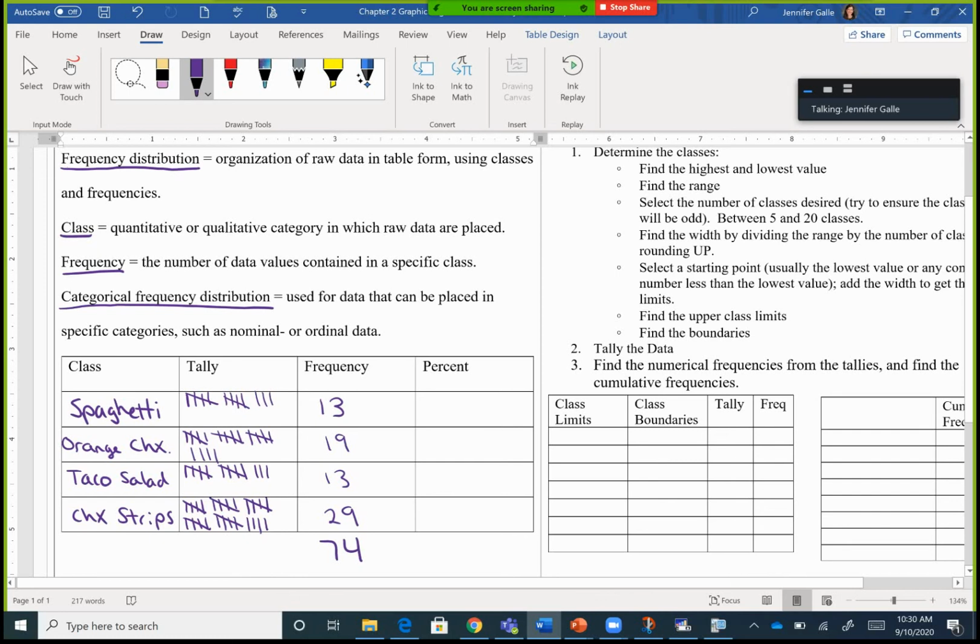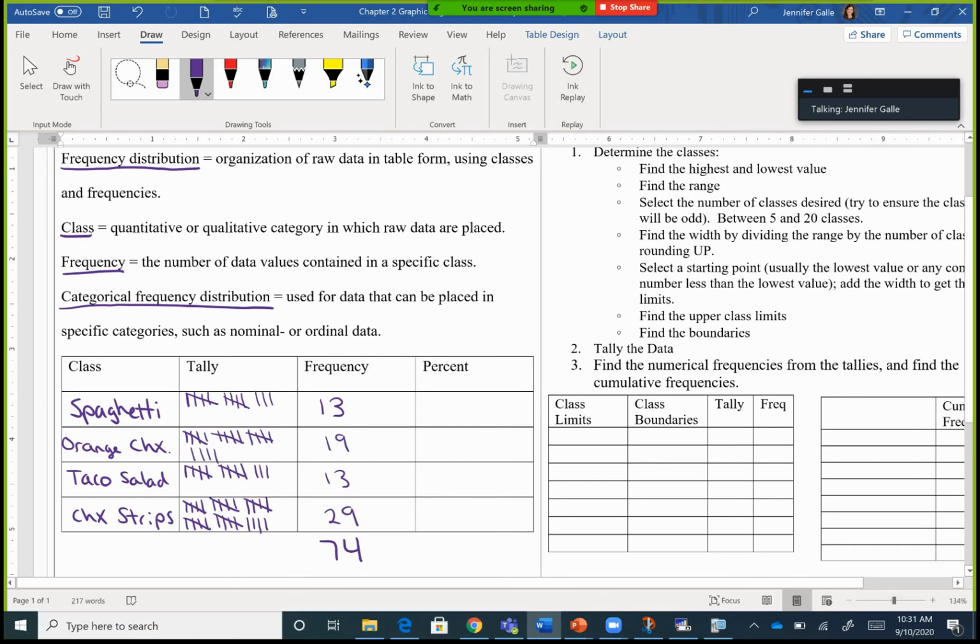All right, the other piece of this, because not everybody took the survey like they were supposed to. If we look at our final column, I know some of you are jumping ahead looking at the travel time data. The final piece of this is, do we know how to find the percent?